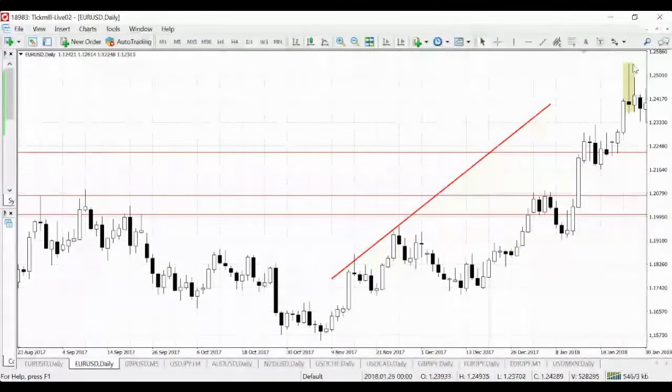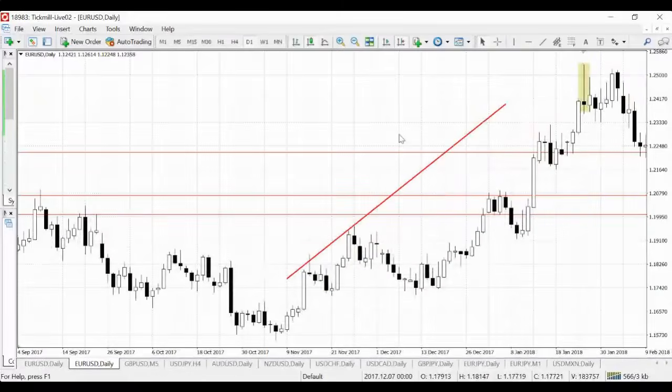So I don't know if I would trade this one, but you might try it with a smaller lot size. You don't have the confirmation of a reliable pin bar formed near resistance or support. Let's move on, but we can see the shape and formation of the pin bar.